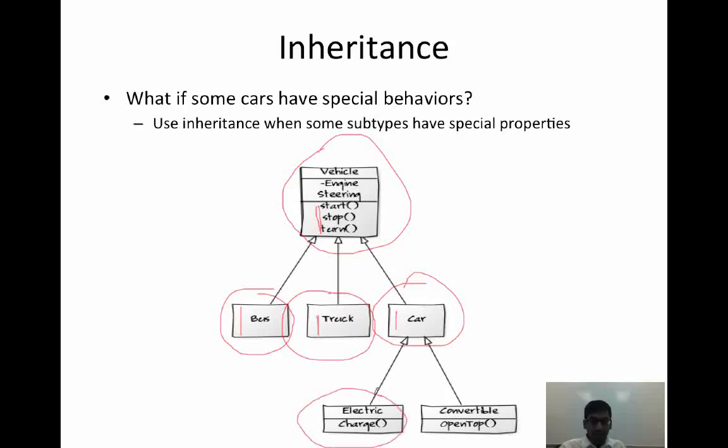You could have an electric car which has some special properties like charging, which a mechanical car would not have, and a convertible car, which again could have some special properties like opening its roof. So a convertible car has all the properties of a regular car. In addition, it defines its own properties. So that's essentially the next step: to identify the subtypes of these entities, and we define these subtypes and their specialized behavior through inheritance.